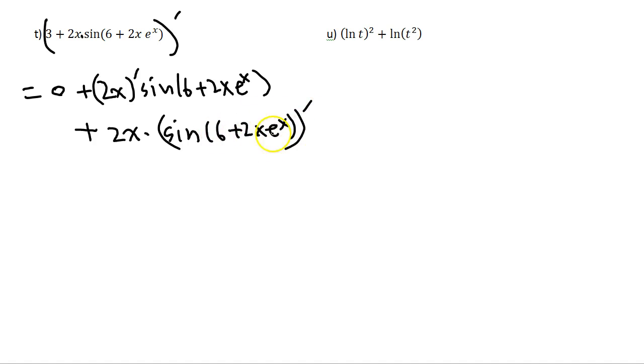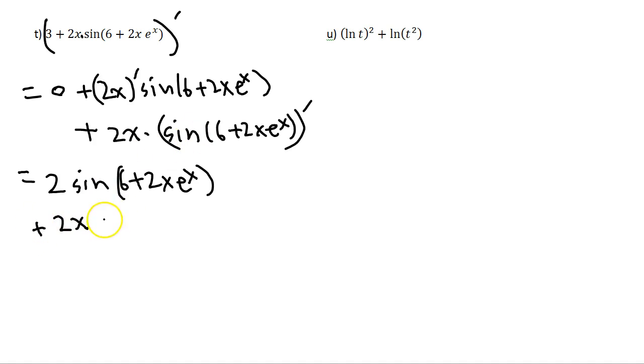And you see this 6 plus 2x e to the x is an inside function. So let's do that. 2 sine of 6 plus 2x e to the x plus 2x. Sine differentiates to cosine. And this inside function has to be differentiated.